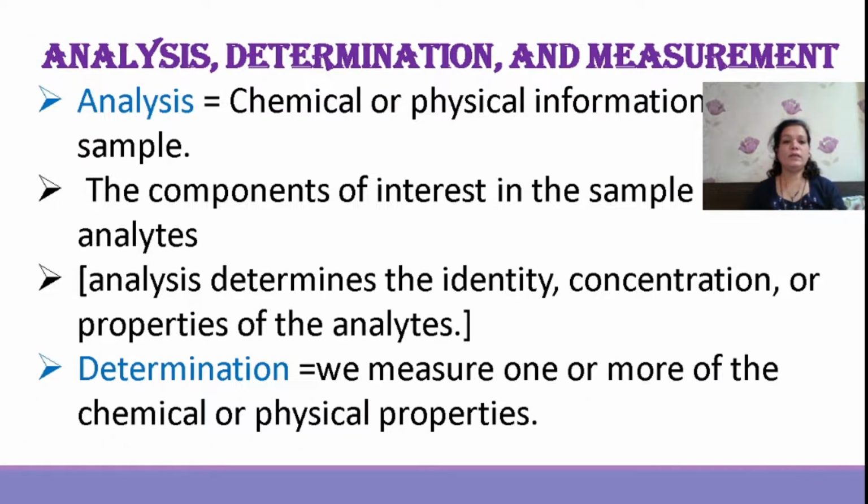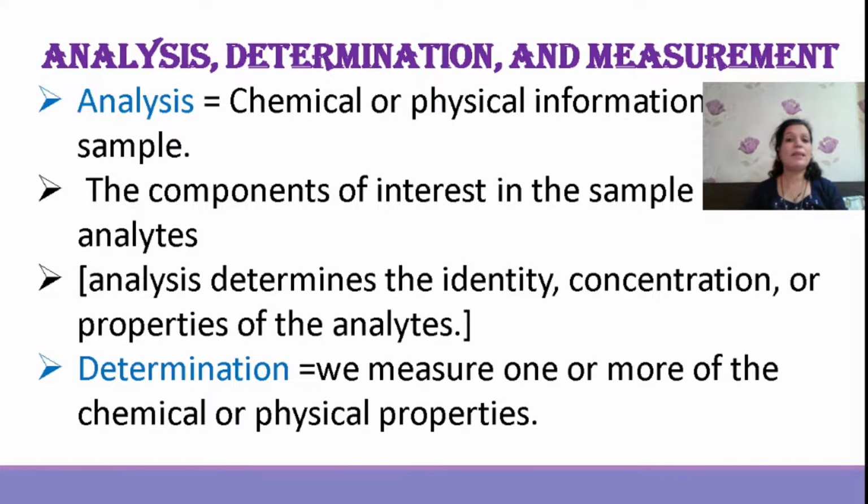Now when we say the word analysis, what does it actually define? It tells me chemical as well as physical information about the sample. How many components are present, which components are present, what are the physical parameters of the components, identity, concentration, the different properties such as melting point, boiling point.